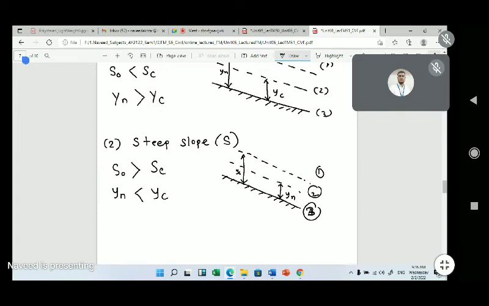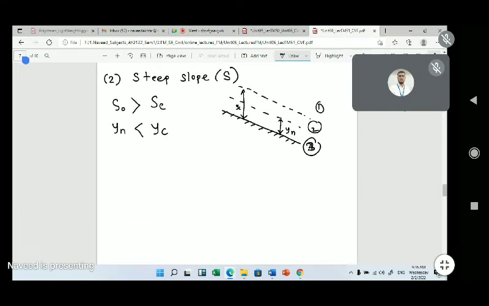Thus we have the following types of bed gradient defined in case of wide rectangular channel. This is for steep slope, and the third one is the critical slope. It is denoted by capital C. There are only two zones.